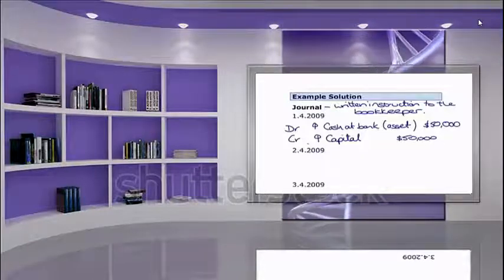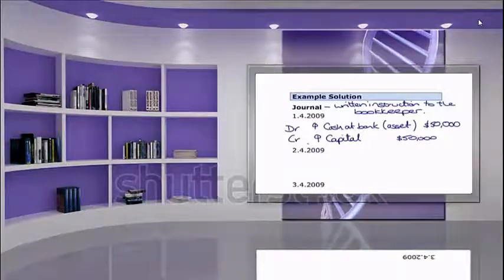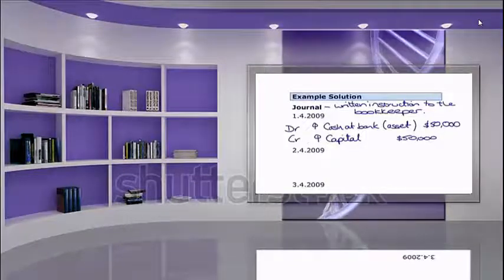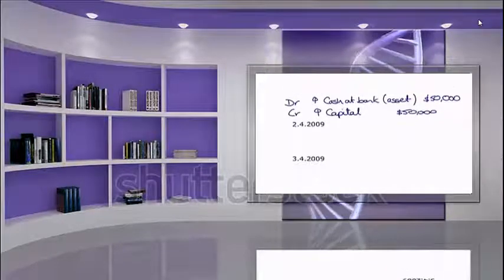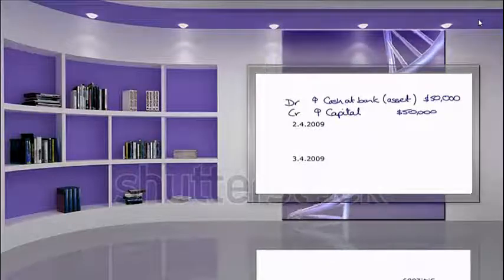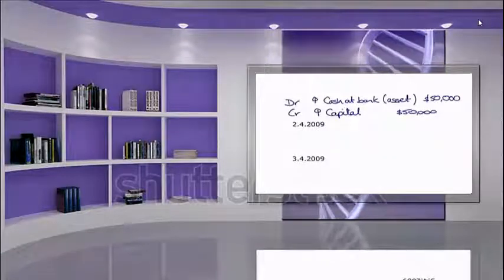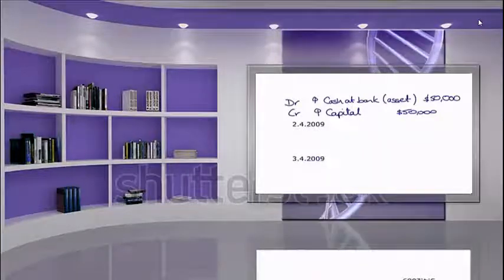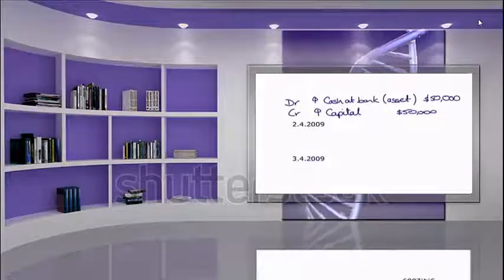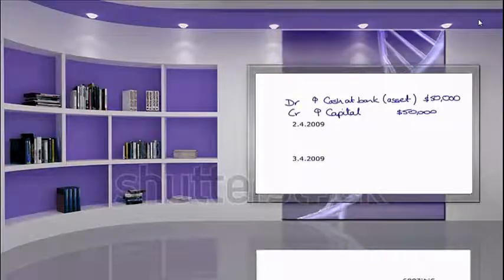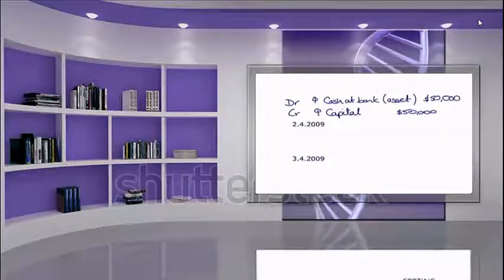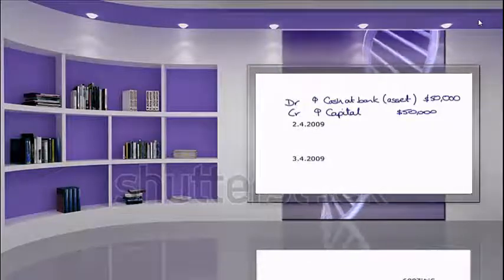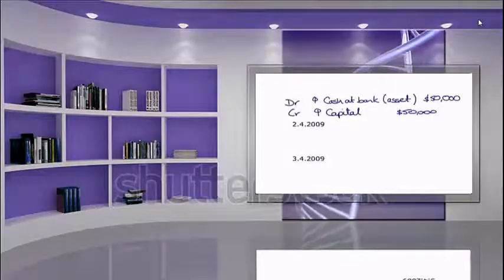So for George then, let's now have a look at the second transaction. And remember, the second transaction for George, it says that he purchases $5,000 worth of goods on credit. So remember, George is promising to pay his supplier later. Well, if you've purchased goods, that would be a purchase of inventory.